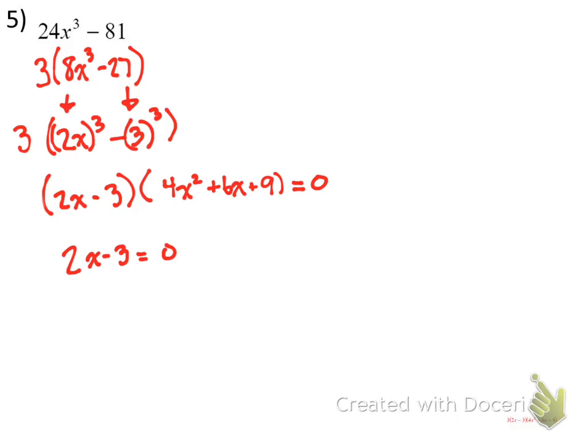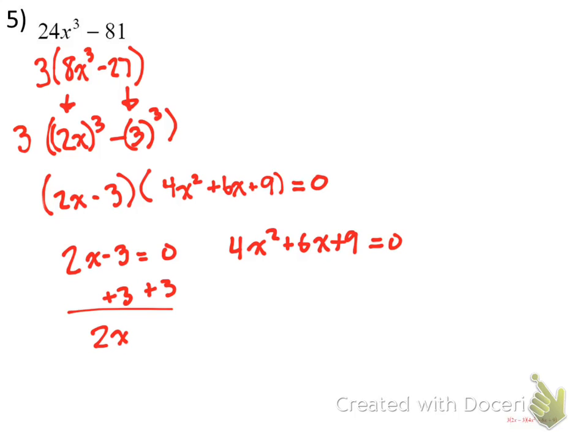And then we would also have 4x squared plus 6x plus 9 is equal to 0. When we do this, the first equation you could solve for x, and you get 2x is equal to 3, or x is equal to 3/2. That's one of your answers, okay?